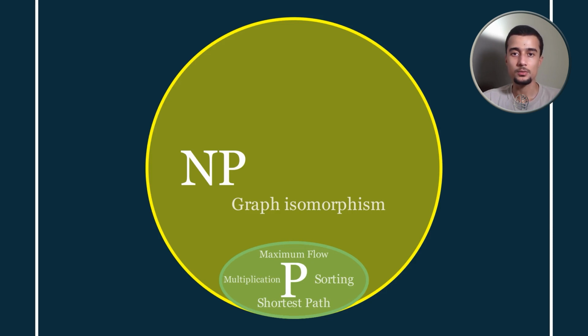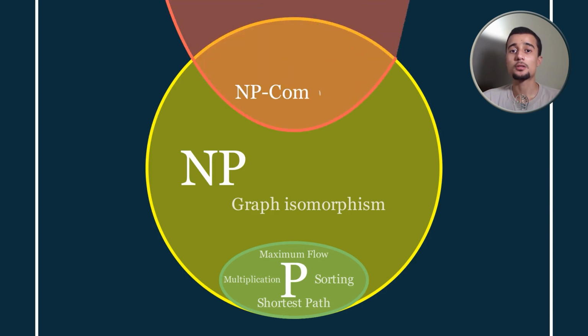And isomorphism is briefly the concept of one-to-one mapping. So to answer this question, we don't have a time-efficient algorithm. However, if we have a solution, we can verify it in polynomial time, and that is the characteristic of the NP class of problems.